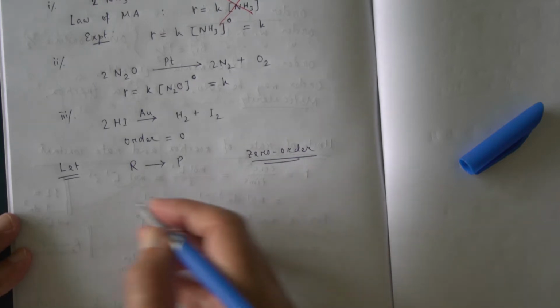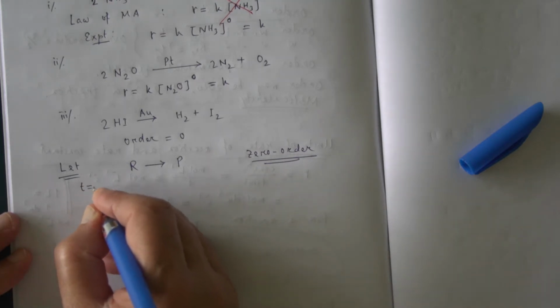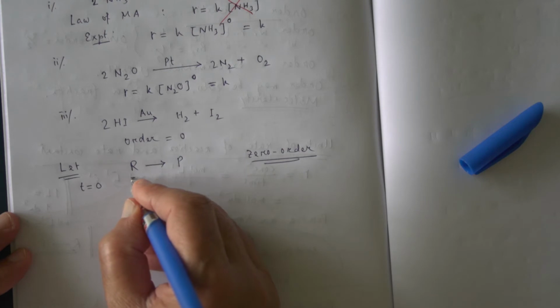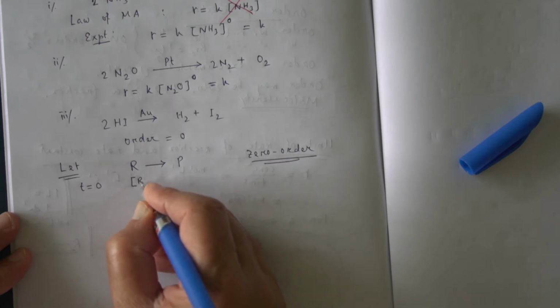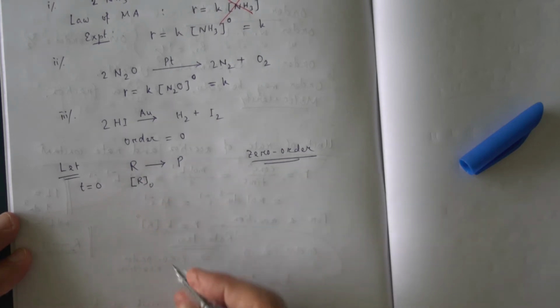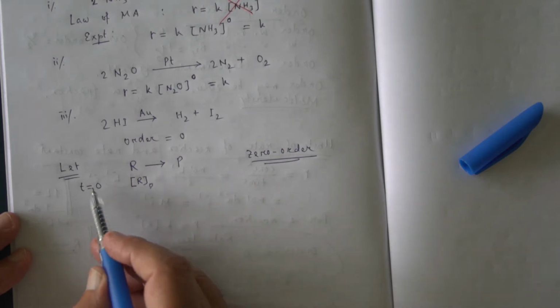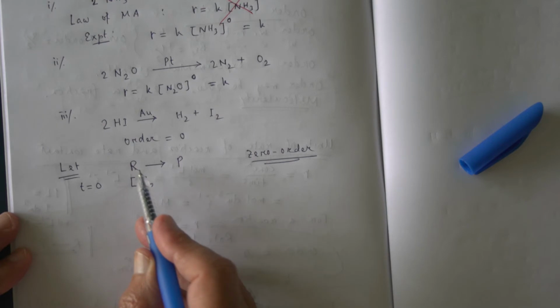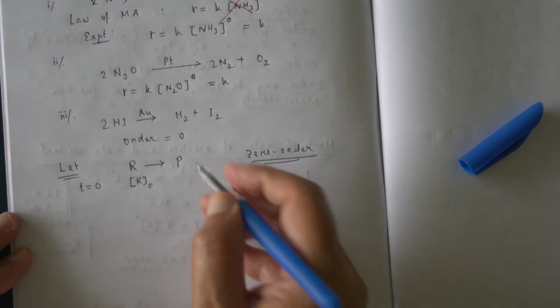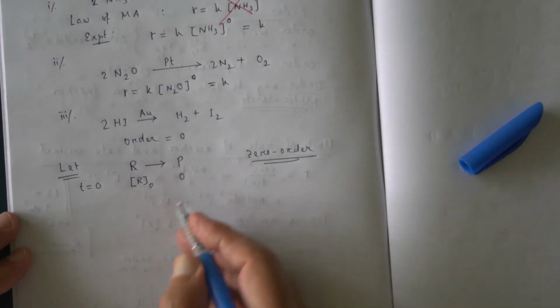So initially, আৰম্ভণিতে ইয়াৰ কনচেন্ট্ৰেশ্যন কিমান আছিল? R naught, maximum, at time equal to zero. And the concentration of product is zero.